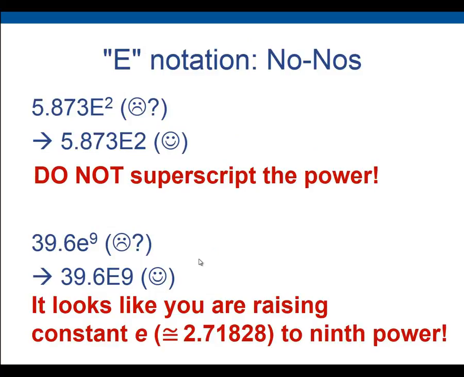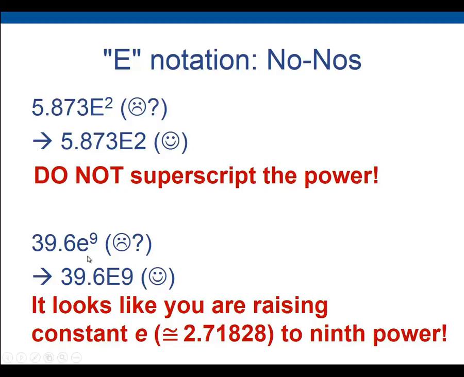Second, do not write calculator notation using capital E with a superscript number. Okay, here it looks weird. So do not superscript the power. Okay. It looks like, in this case, it's the worst case.